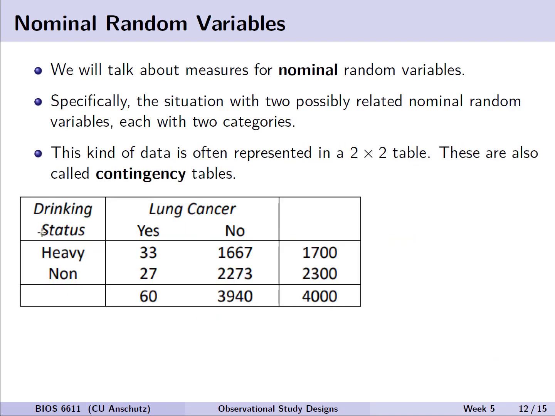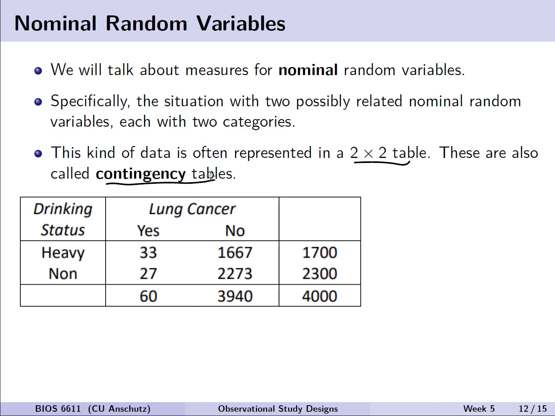Now, focusing more on nominal random variables, in our 2x2 tables, or these observational study designs, we have two possibly related nominal random variables, each having two categories. And this can be represented in a 2x2 table, also known as a contingency table.